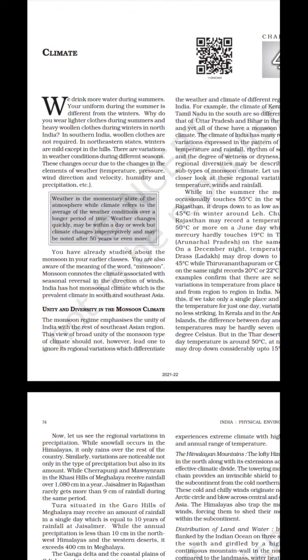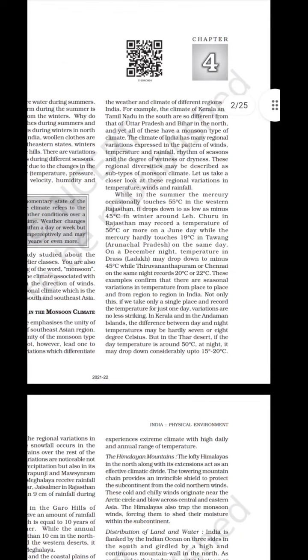On a December night, temperature in Dras, Jammu and Kashmir may drop down to minus 45 degrees Celsius, while Thiruvananthapuram or Chennai on the same night records 20 degrees Celsius or 22 degrees Celsius. These examples confirm that there are seasonal variations in temperature from place to place and from region to region in India.